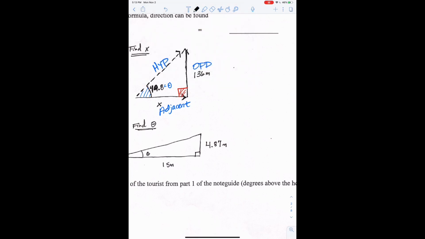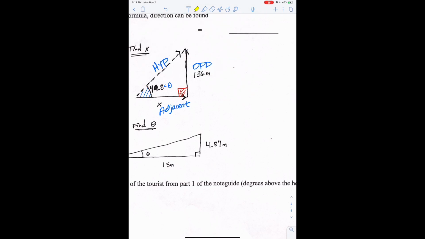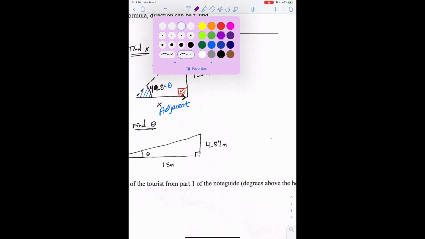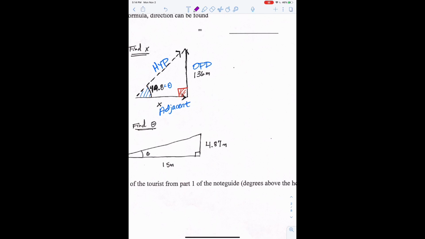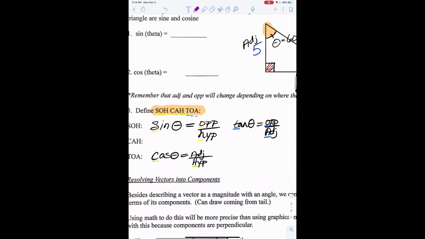So then I decide what formula do I need, and all I do is look at what I know. So meaning I look at the fact that I have an opposite that I know something about, I have an adjacent that I know something about, and I have a theta that I know something about. So then I grab the right formula, which in this case I already told you what it's going to be.